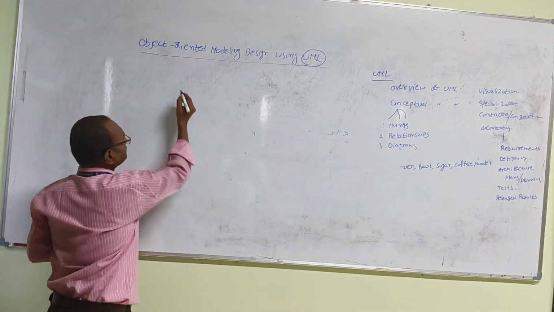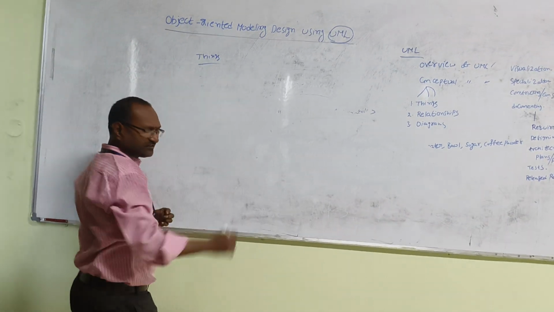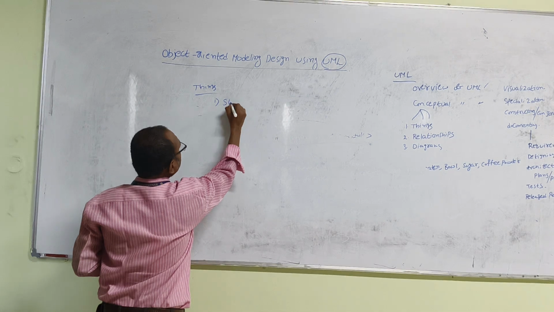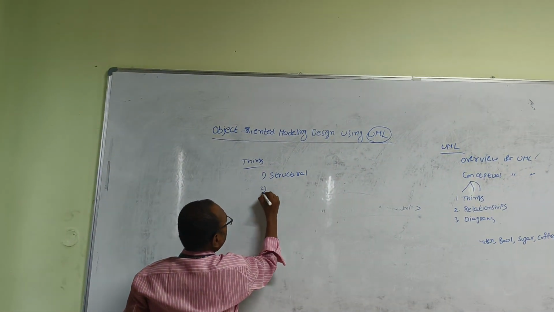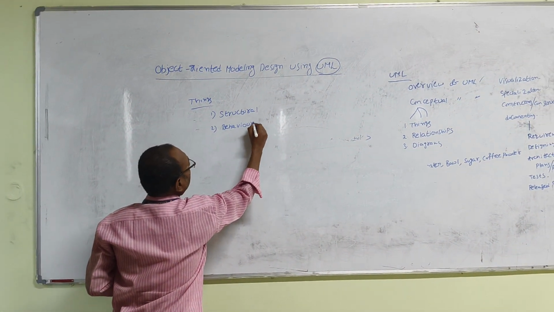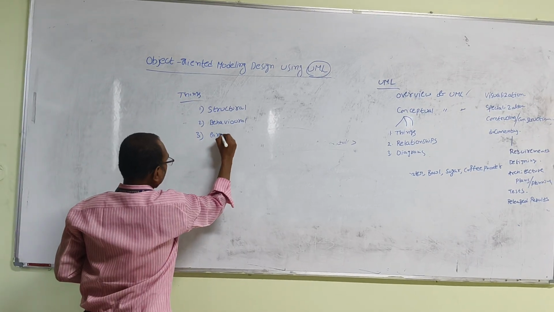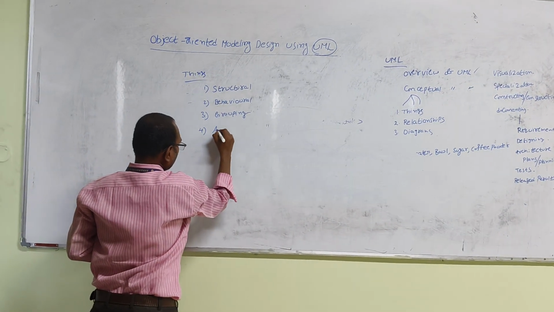So first one is the things. Things are generally divided into 4 types. Number 1, structural things. Number 2, behavioral. Number 3, grouping. Number 4, annotational.